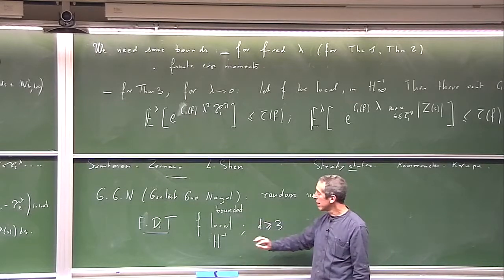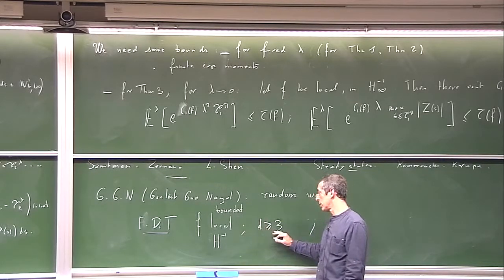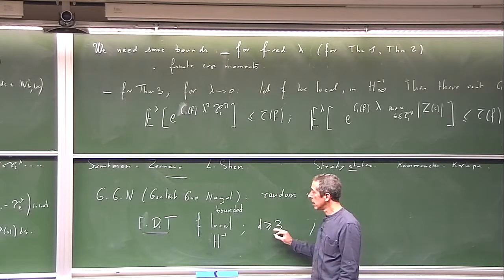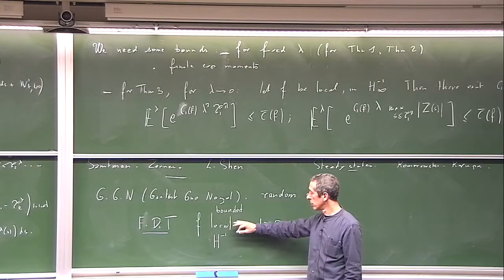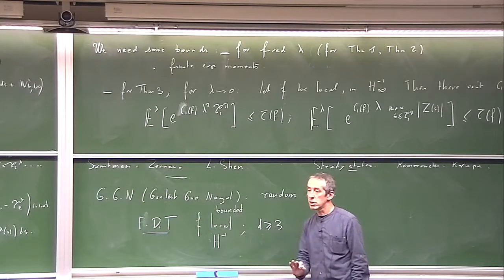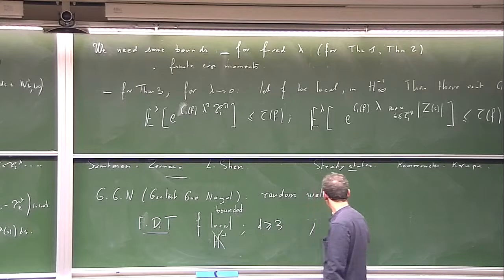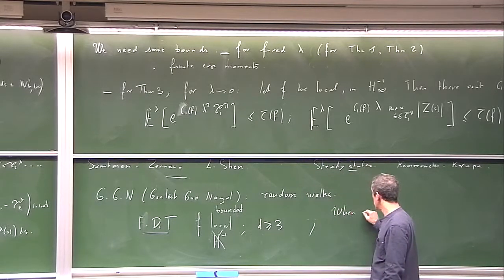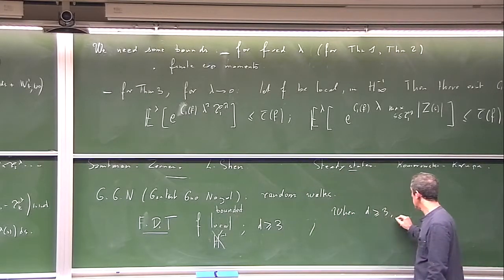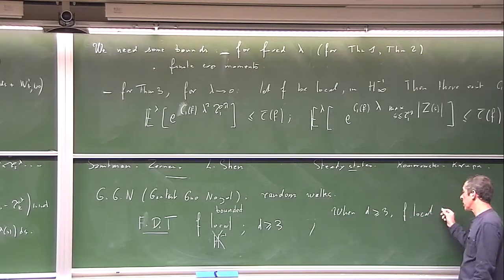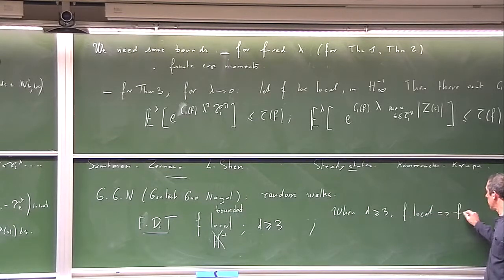This is the way they prove it. But if you are in dimension larger or equal than 3, and if you have, as we do, assumption A4, then a local function, which is bounded, is automatically in h-1. So you can erase this condition. When d is larger or equal than 3, then f local, maybe bounded, implies that f is in h-1.